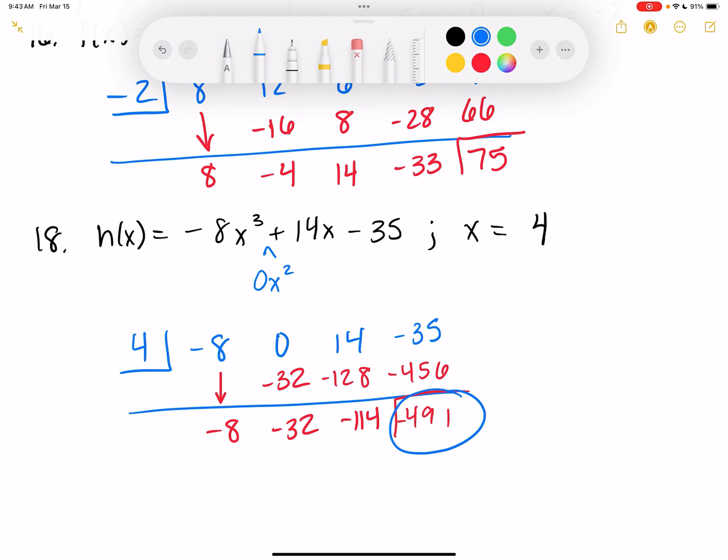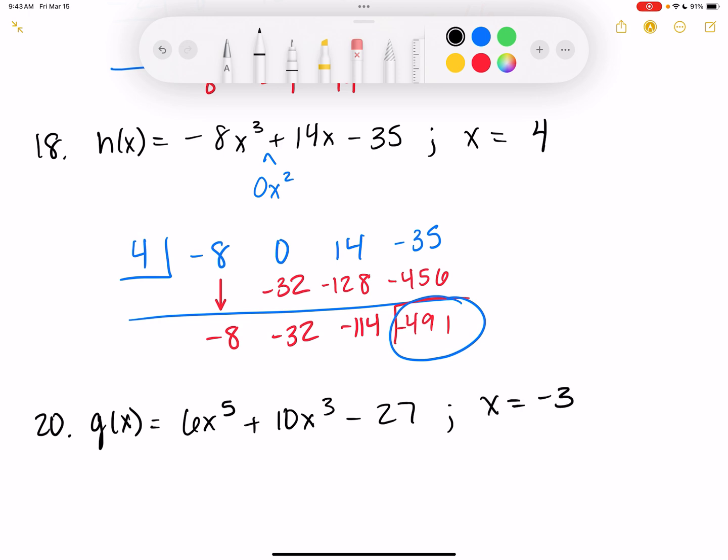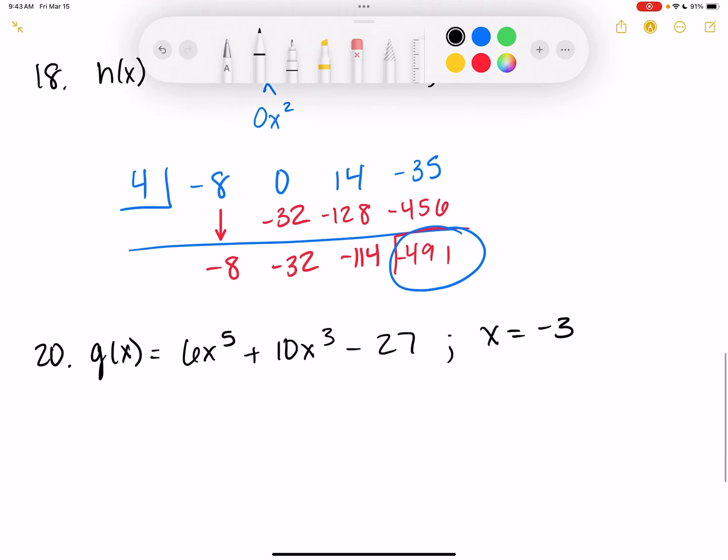Number 20: g of x equals 6x to the 5th plus 10x cubed minus 27, and x is equal to negative 3. So, am I in descending order or standard form, and am I missing any terms?